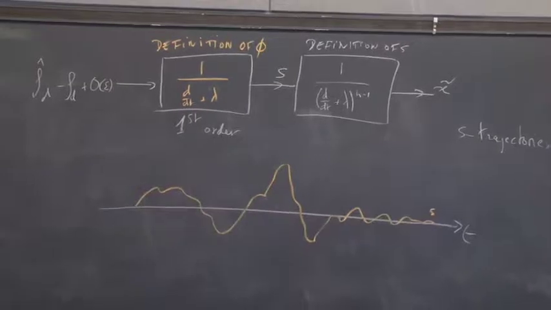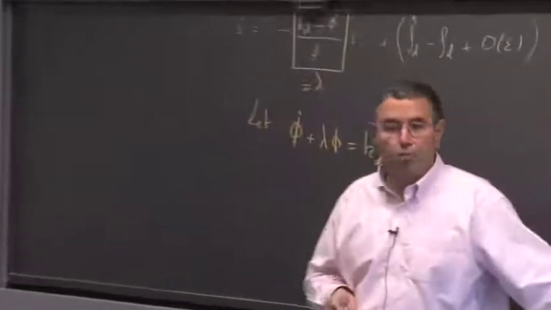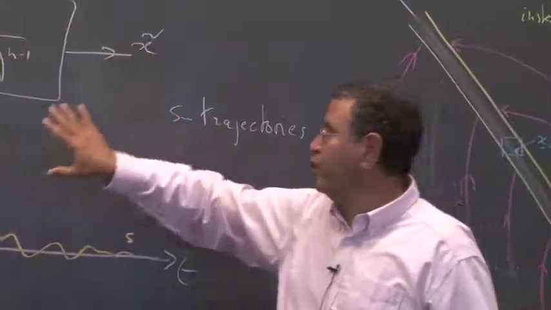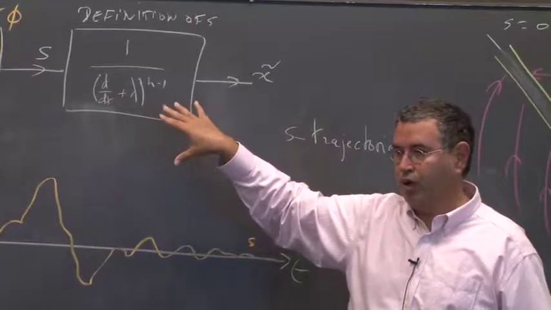Now, S, of course, is this intermediate variable that you've created. But x tilde is a filtered version of S. And you know that if S is less than something, then x tilde will be less than something divided by lambda to the n minus 1.